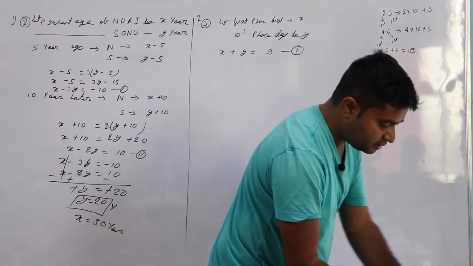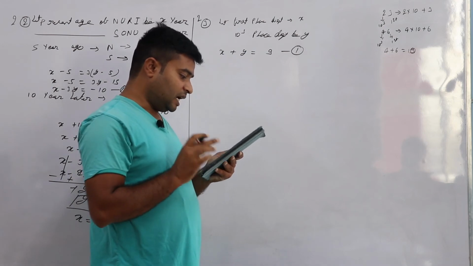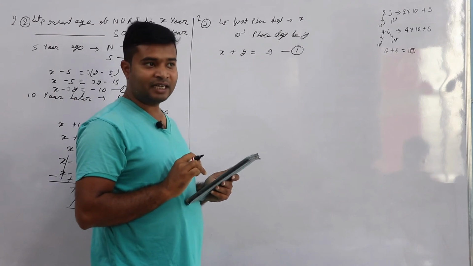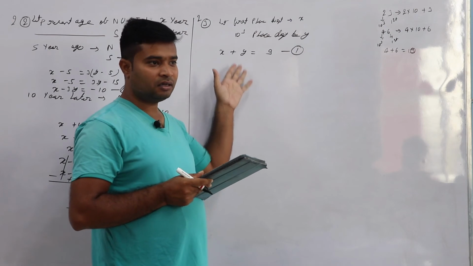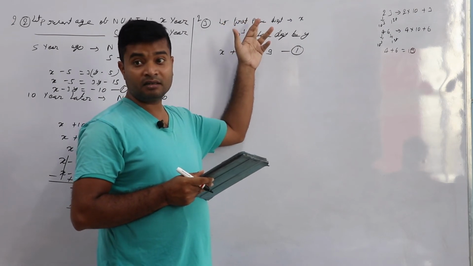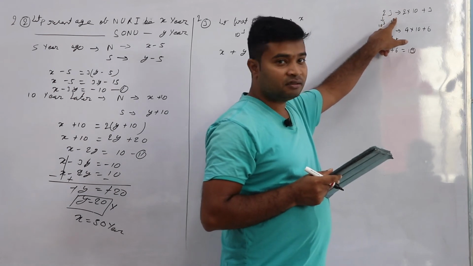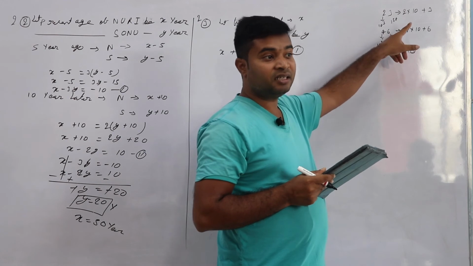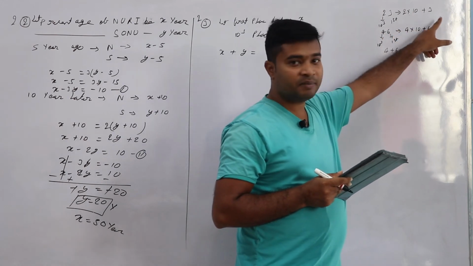Next it is saying, also 9 times this number. What is the number? Digits are x and y, like digits 2 and 3. Then the number is 23, and how is that made? 2 into 10 plus 3.